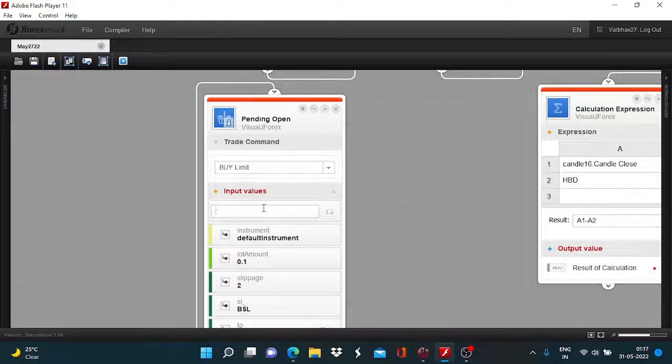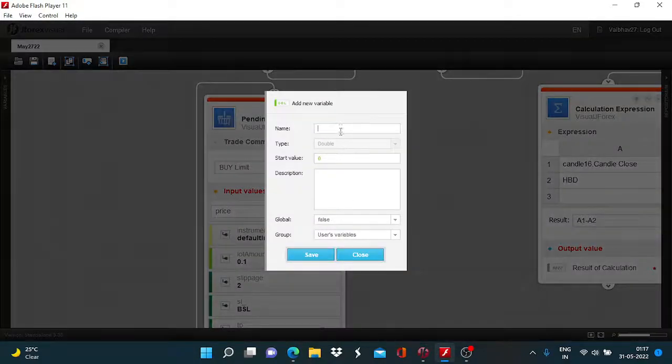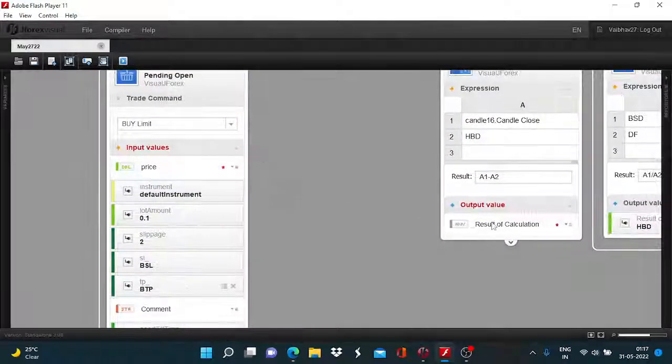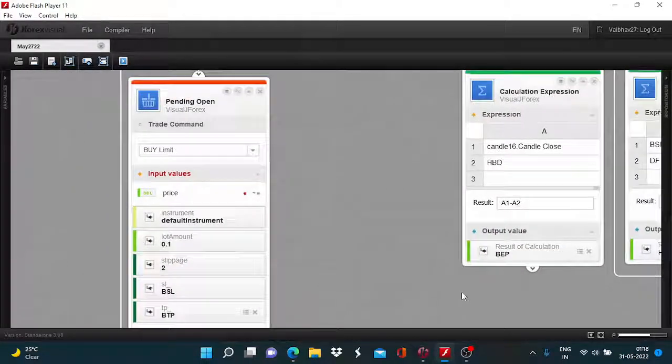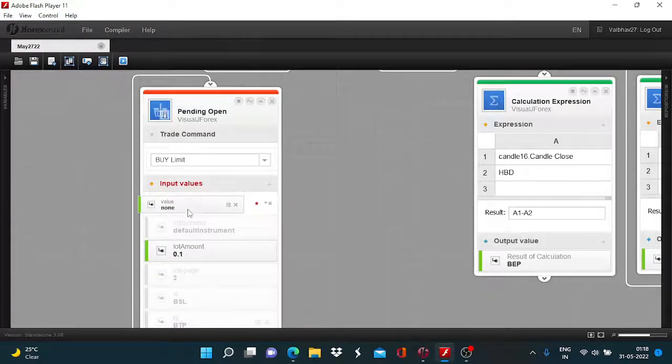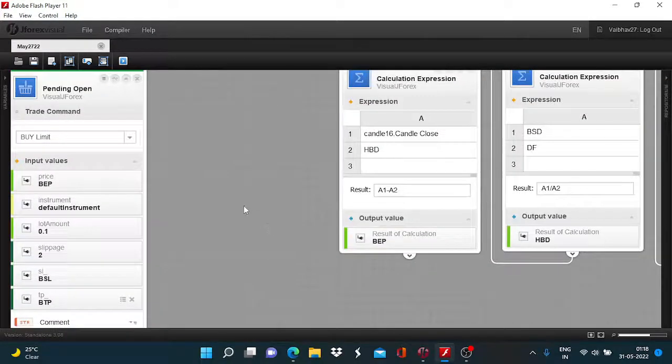So I will create a variable here, buy execution price, BEP in short. Instead I will create a variable here only and assign it to this trade command block.